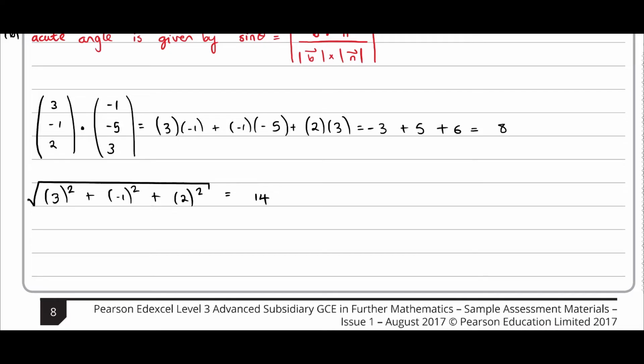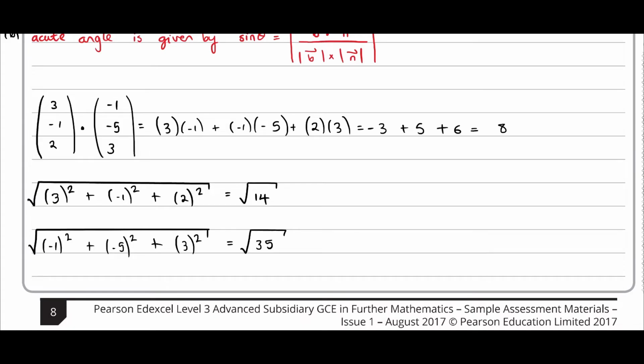So we have the square root of 14. And then, if we consider this vector over here, we have minus 1 squared plus minus 5 squared plus 3 squared, square rooted: 1 plus 25 plus 9, that's 35. So we have the square root of 35.